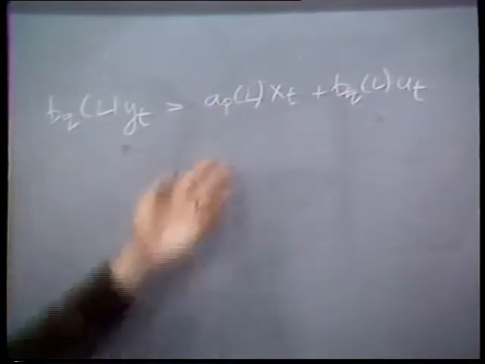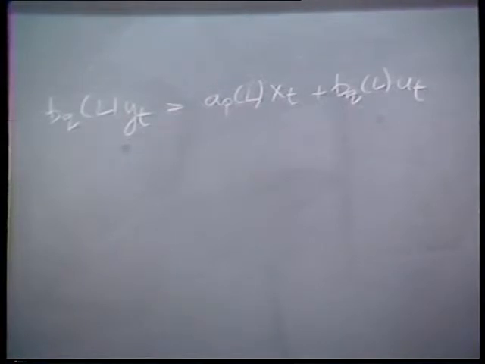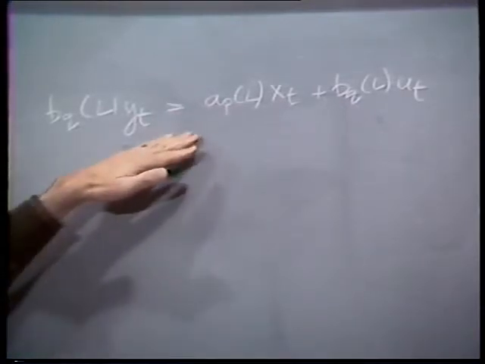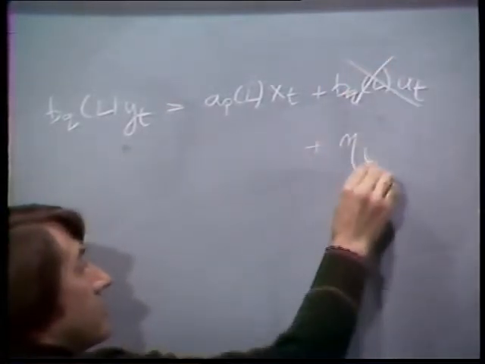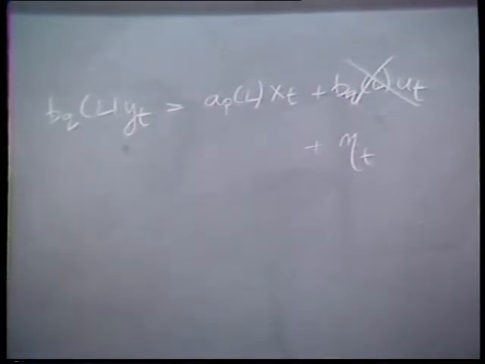And though there are programs available for estimating models of that form, many people in applied econometrics, applied economics, prefer not to use those complicated procedures and would often just replace that by, say, an error term eta t, which they assume is white noise. So that the rational distributed lag hasn't been widely used in its general form.